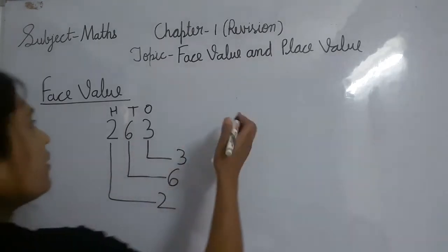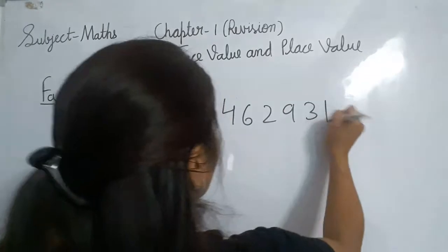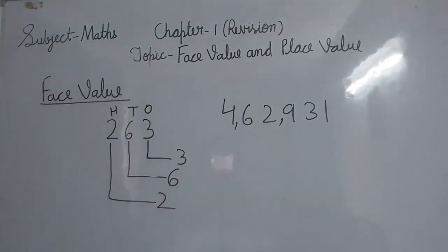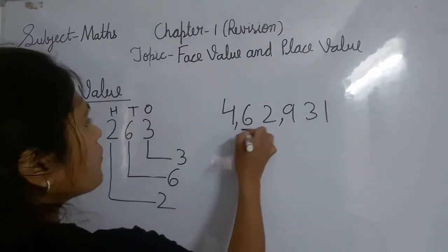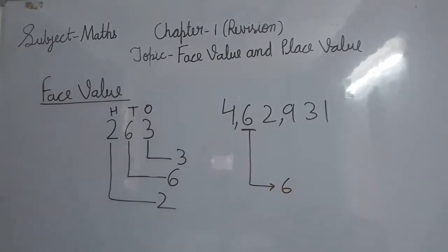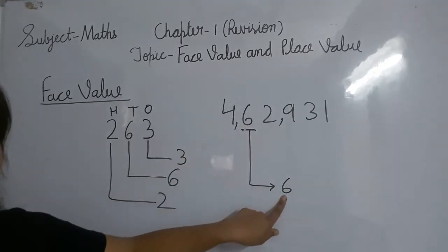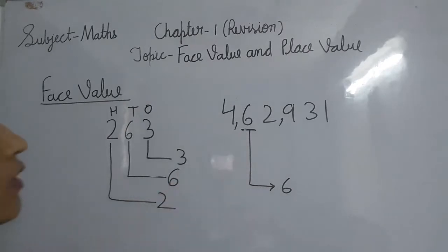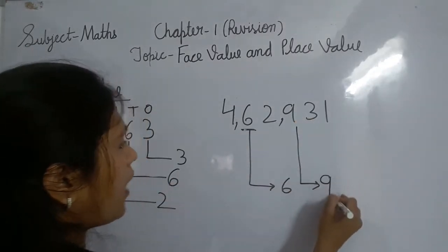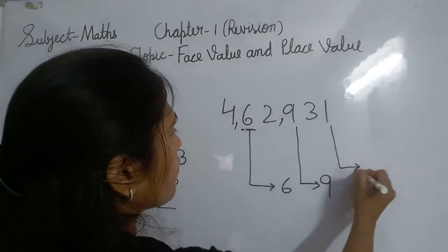If I am taking any other number, tell me the face value of 6. So the face value of 6 is 6 only. How is 6 looking? 6 is looking like 6 only. That is the face value of 6. If I am talking about 9, the face value of 9 is 9 only. The face value of 1 is 1 only.